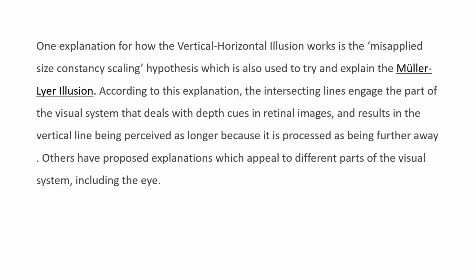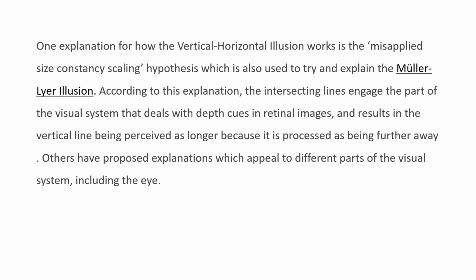One explanation for how the horizontal-vertical illusion works is misapplied size constancy, a scaling hypothesis which is also used to try to explain the Müller-Lyer illusion. According to this explanation, the intersecting lines engage the part of the visual system that deals with depth cues in retinal images, and the vertical line is perceived as longer because it is perceived as being further away.